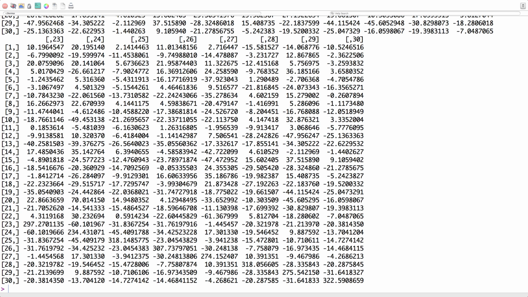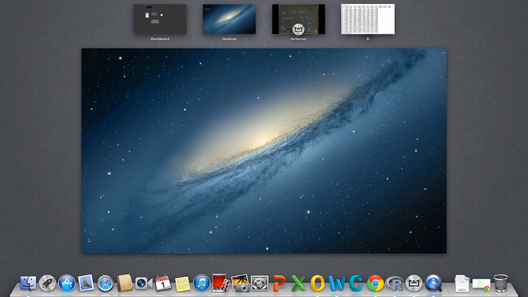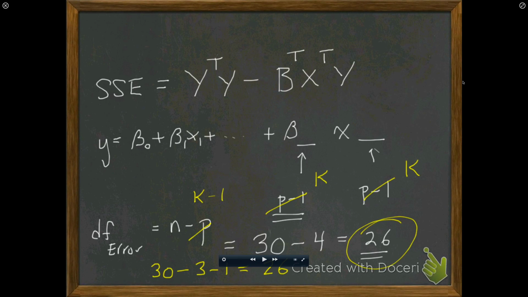Now what I want to move into is creating our ANOVA. I want to get out of R and get back into the Blackboard here. So, gang, what I ultimately want to create is this table.